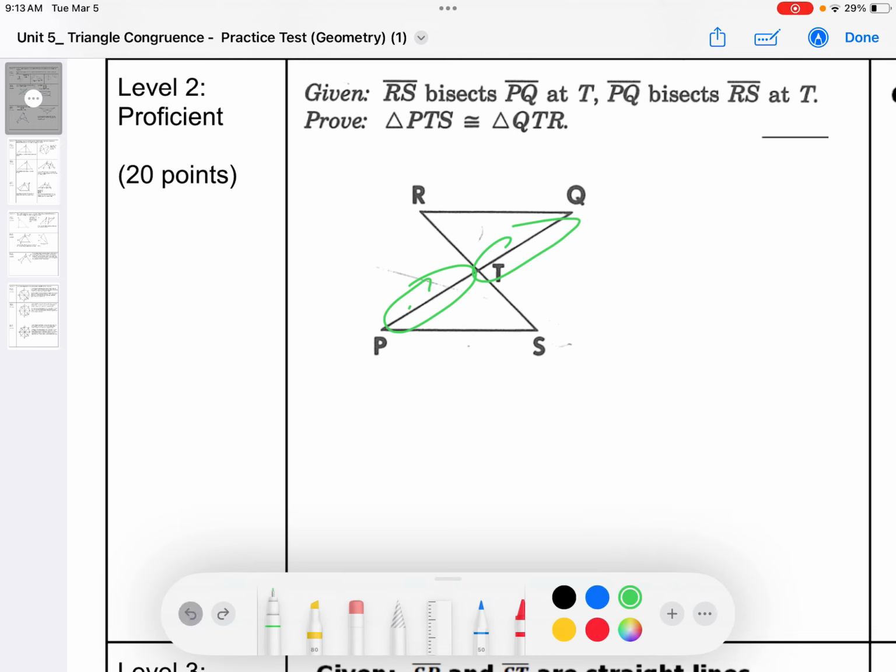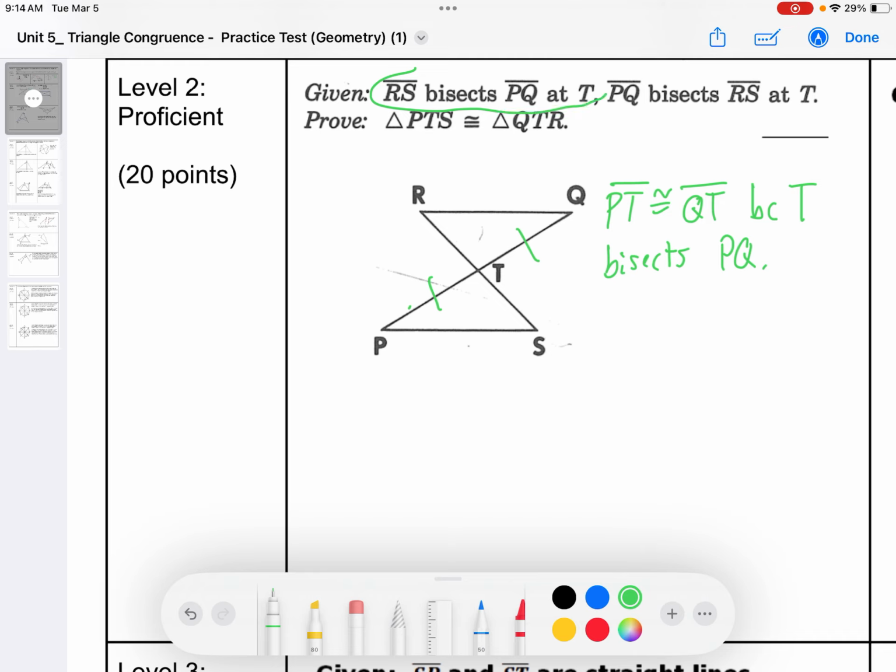So I'll put markings on those, and I'll write PT segment is congruent to segment QT because, and I can write BC for because, T bisects PQ. This is another way of saying that RS bisects PQ at T, but I think it's a little bit simpler. T bisects PQ. T is cutting PQ in half.